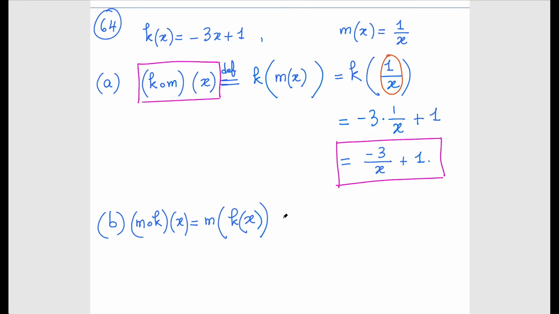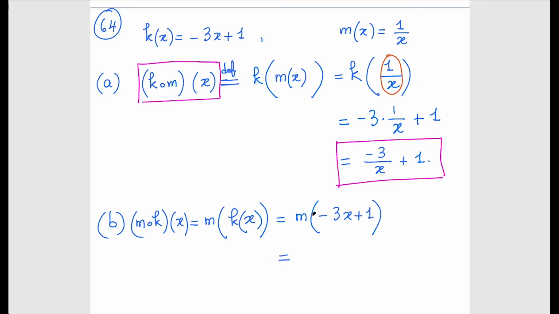So m of k of x. What's the output through k if the input is x? Well, it's minus 3x plus 1. That guy k of x is minus 3x plus 1.